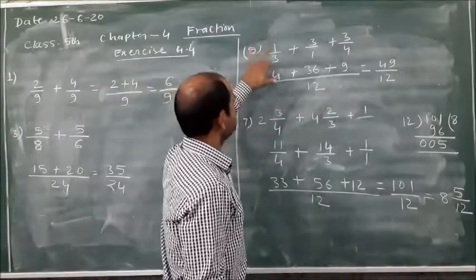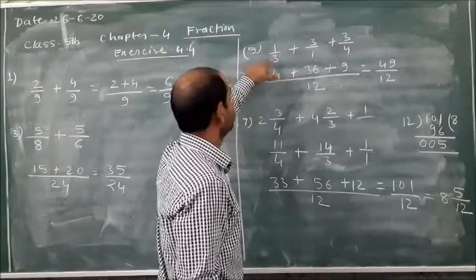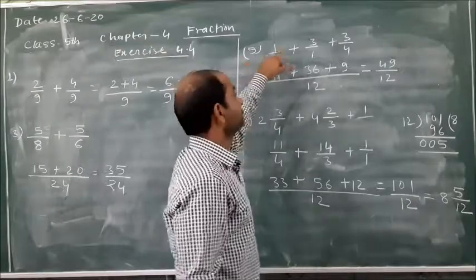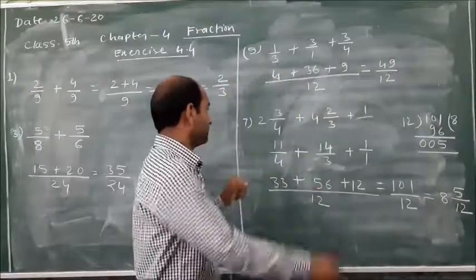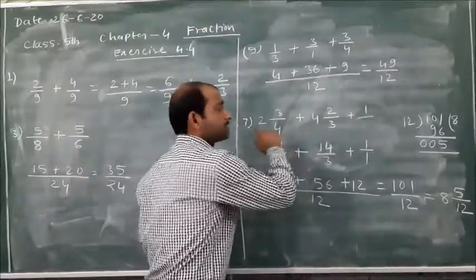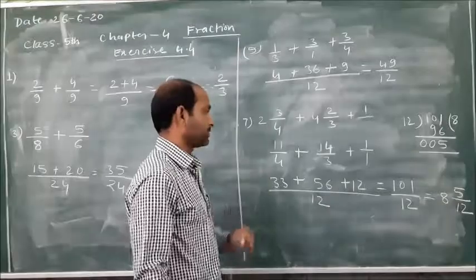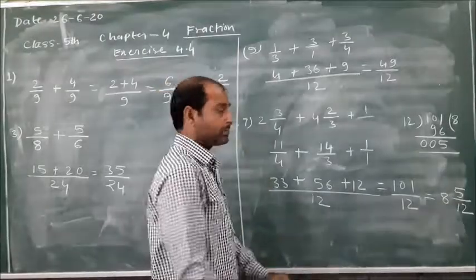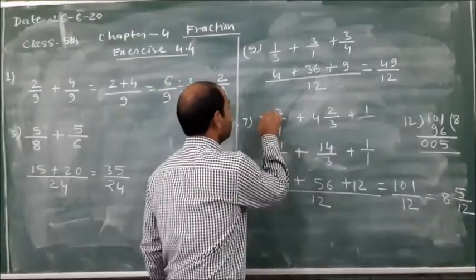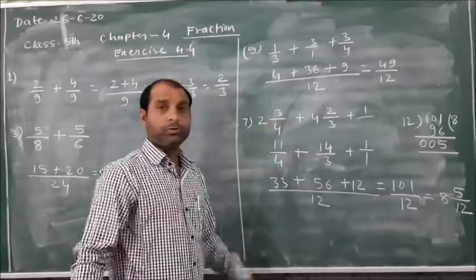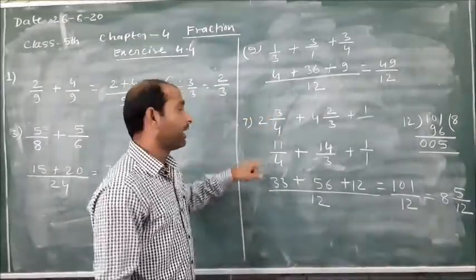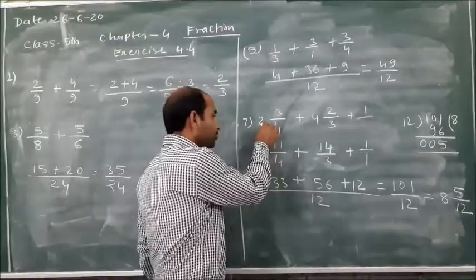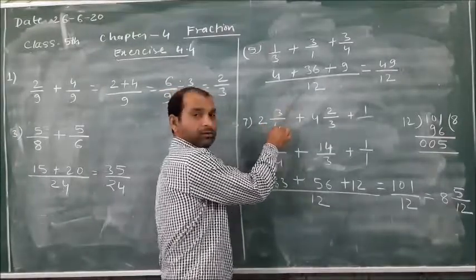Here these questions are: this is an improper fraction, this is a proper fraction, this is an improper fraction, this is also a proper fraction, but this is a mixed fraction. Mixed fraction is right here, 2 whole 3 by 4, and you can also read it as 2 over 3 upon 4.